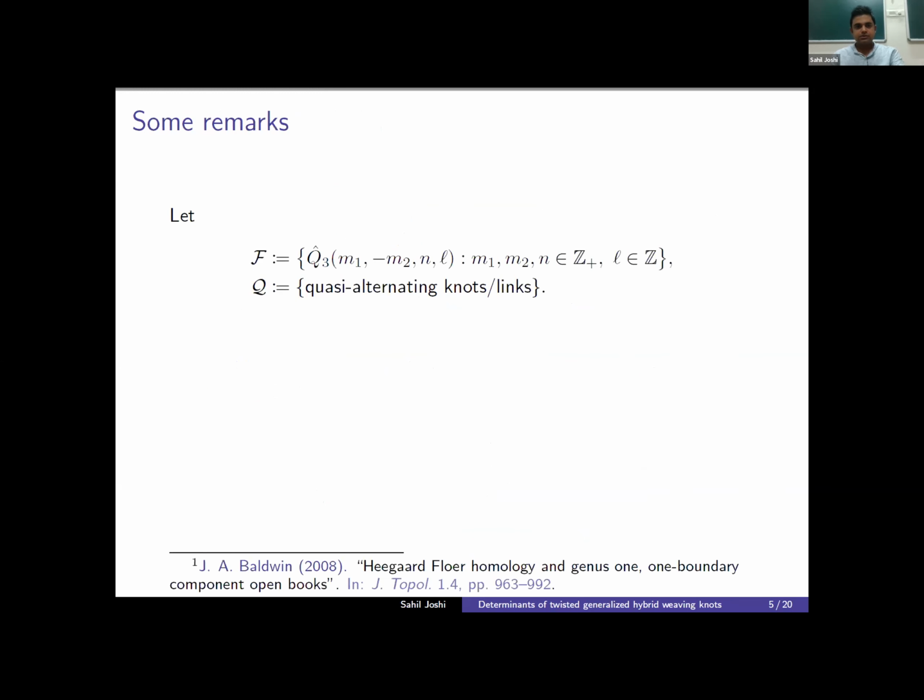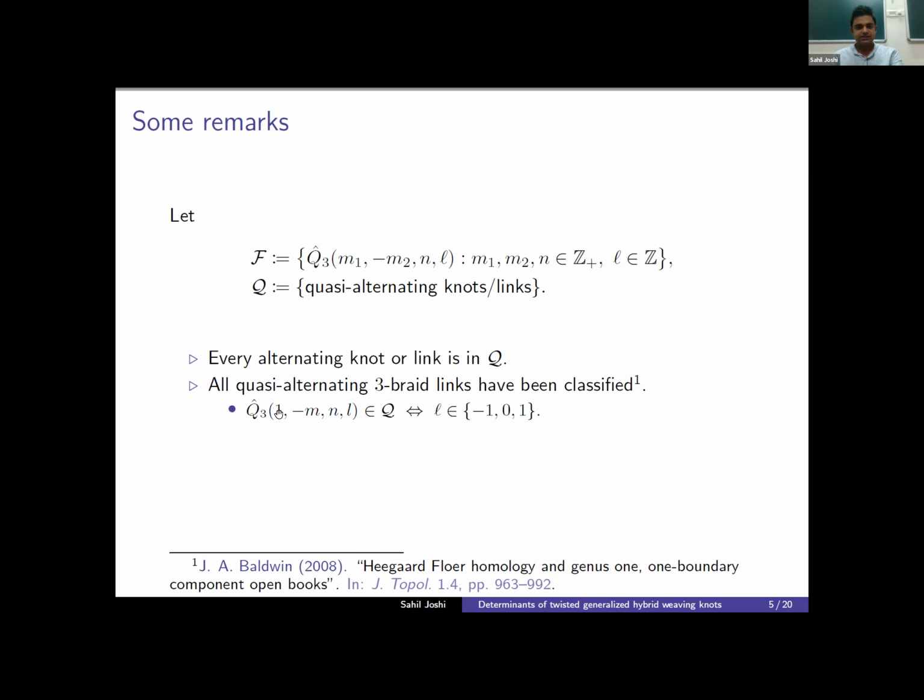I am denoting this family of twisted generalized hybrid weaving knots by F, and Q is the set of quasi alternating knots and links. There are some knots which fall in both categories. Here are some facts about these knots. Every alternating knot is already a quasi alternating knot, and all the quasi alternating three-braid knots and links have been classified by Baldwin in this paper.